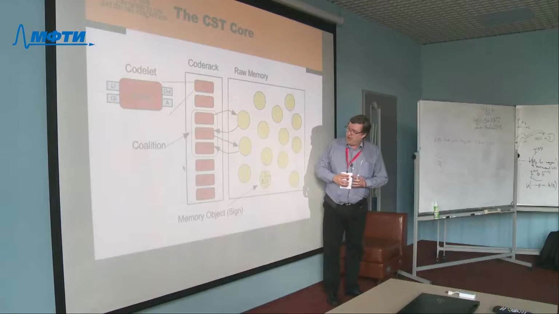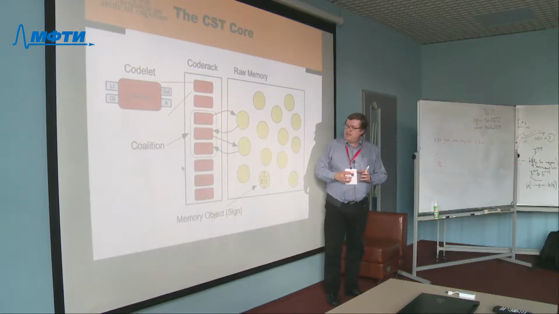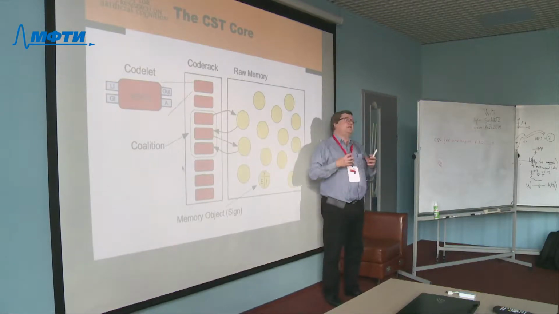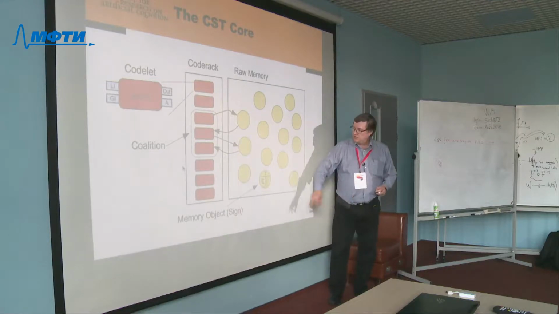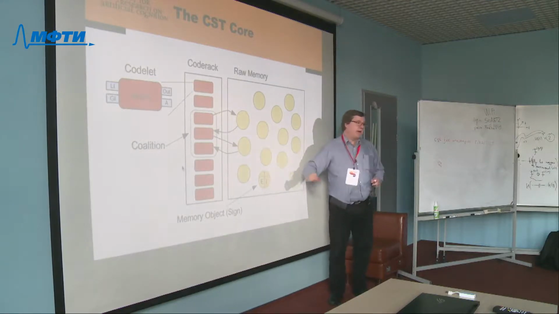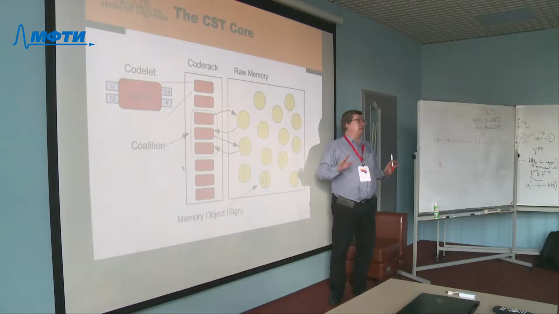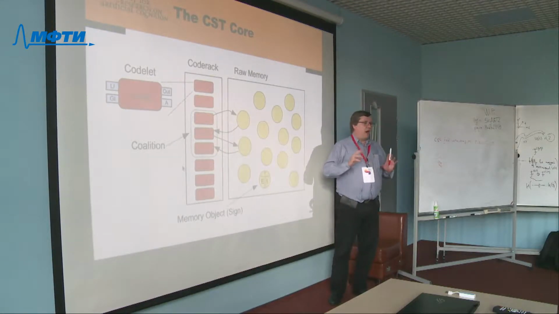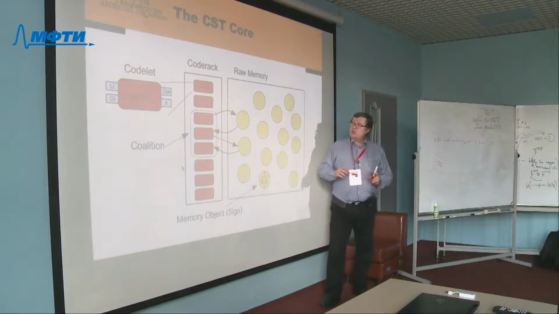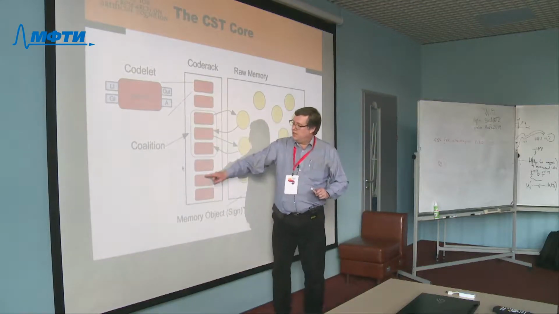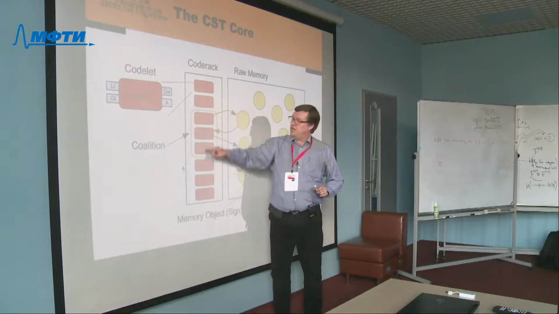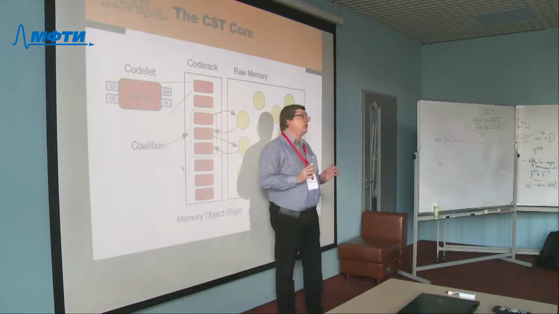The idea is that everything that is important, in some sense, is represented as a memory object. But the memory object does nothing. It doesn't make anything. All the behavior is concentrated in these other things that we call codelets.